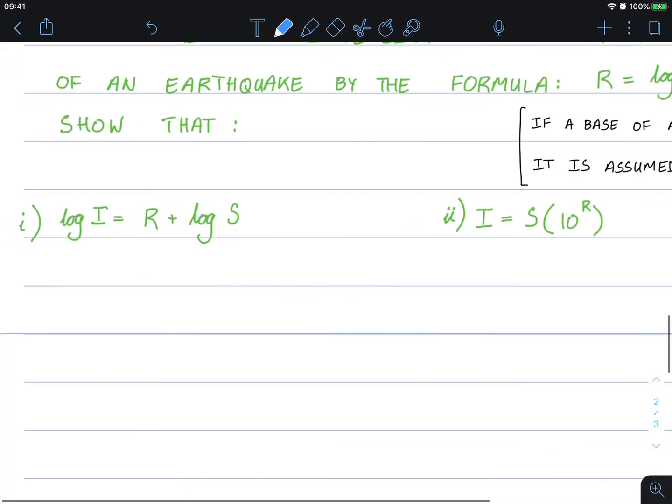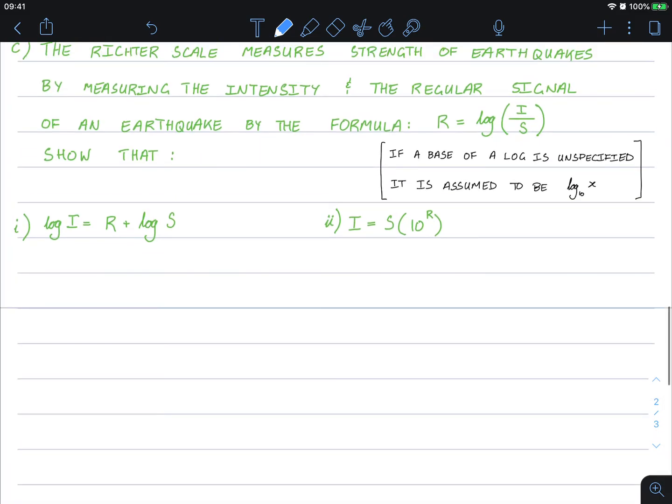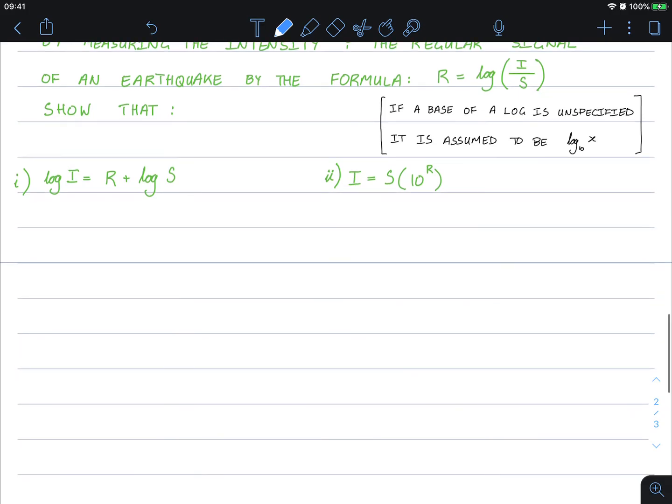Show that log I equals R plus log S. So pretty much what it's saying is, how can we rearrange this original equation to become something like this? Well, let's write this above. Here we go. Oh, sorry, below.